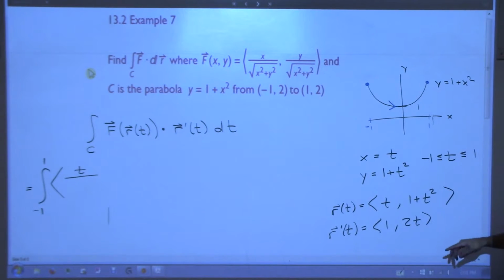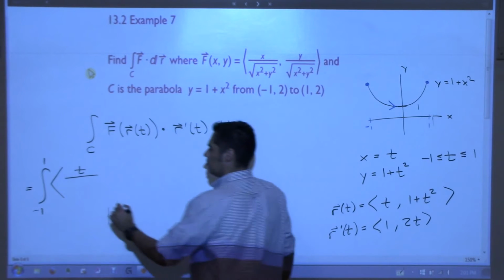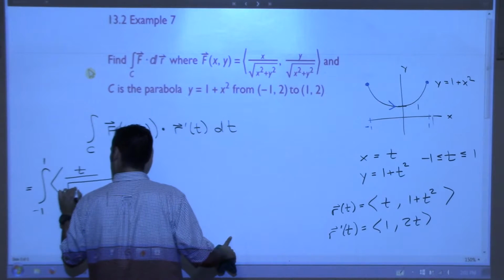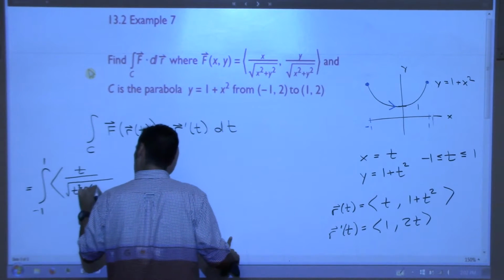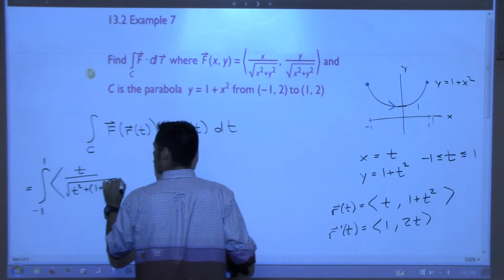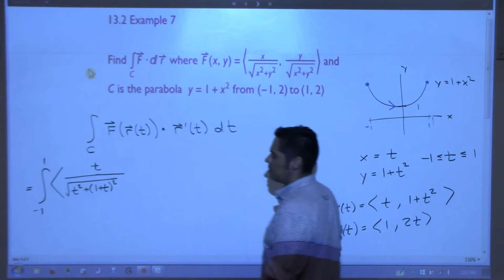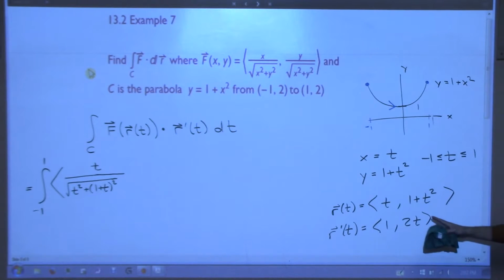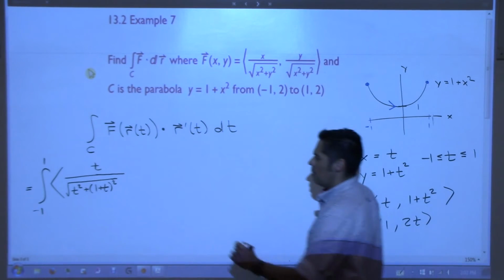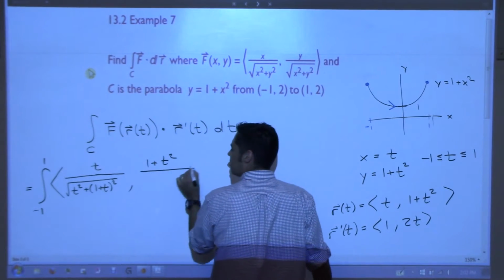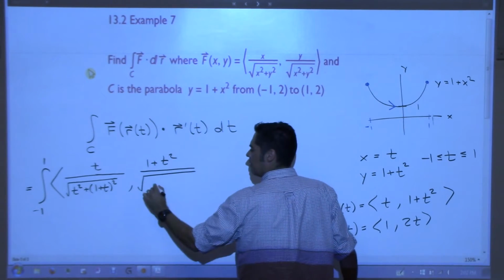So it's this squared plus this squared, square root. So t squared plus 1 plus t squared square root. Well, I thought that was going to be kind of clean, but I guess not. And then the y, so I do 1 plus t squared over the same exact thing that I had over there, right?